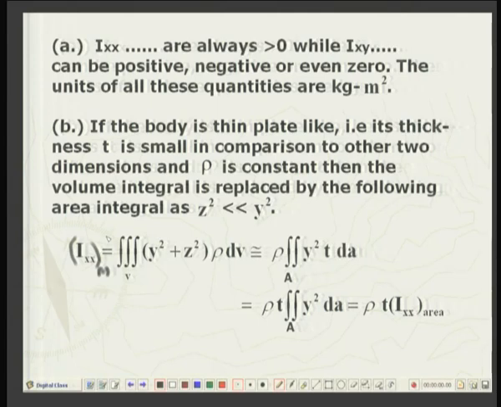So Ixx,m, which means the mass moment of inertia about the x axis, is equal to rho t times the second moment of the area about the x axis. Similarly, we can say the same about the y axis and so on.